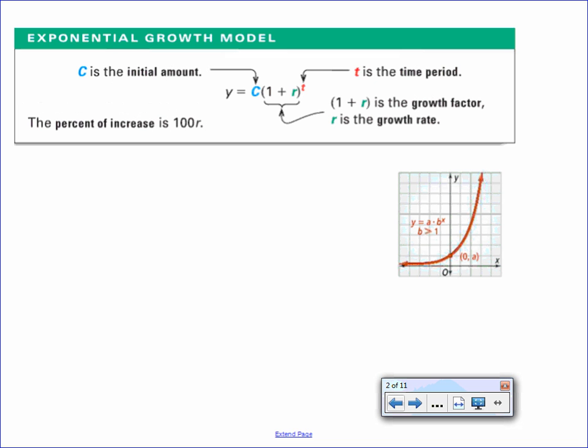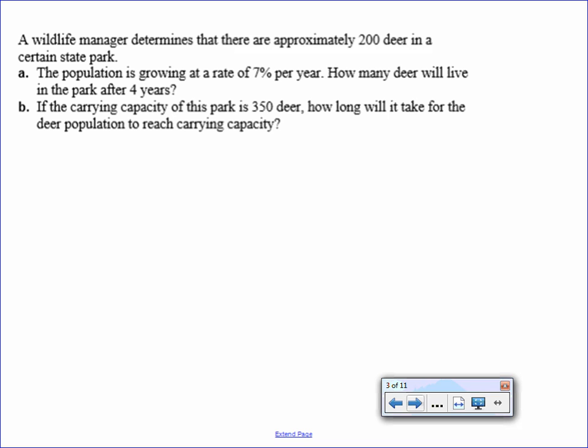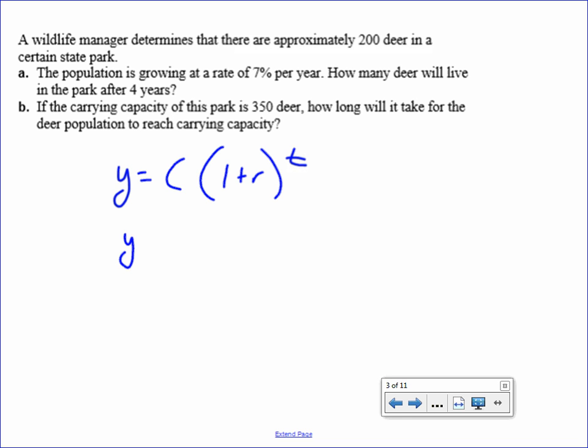So if we take a look back at this one, here's the type of equation we're going to write: y equals C, parentheses, 1 plus r, to the t power. Again, our C is our initial amount, and if we read the problem again, you'd easily see that the initial amount was 200 deer.